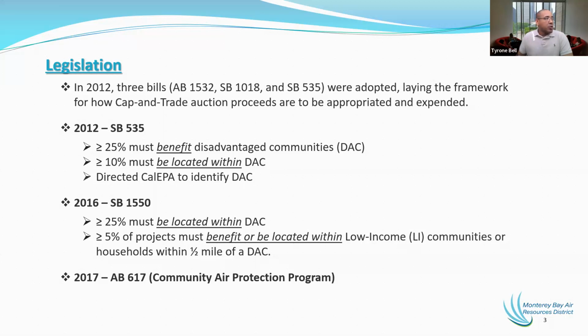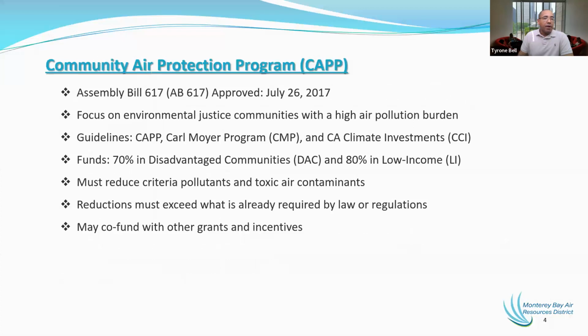So then subsequently in 2016, Senate Bill 1550 increased the location requirement from 10% to 25%. And then as you can see, it added a requirement to invest also in low-income communities. And then the third key legislation is Assembly Bill 617.